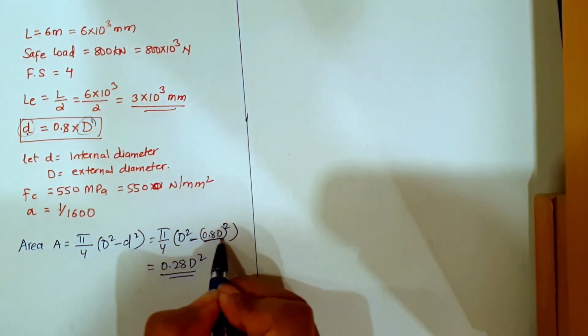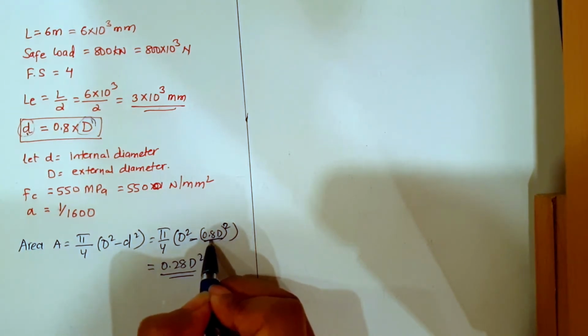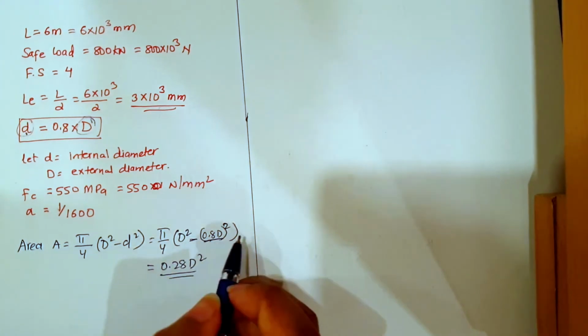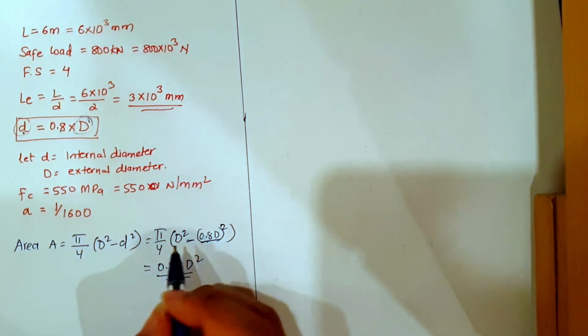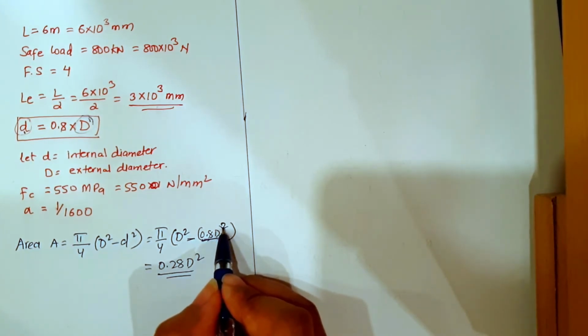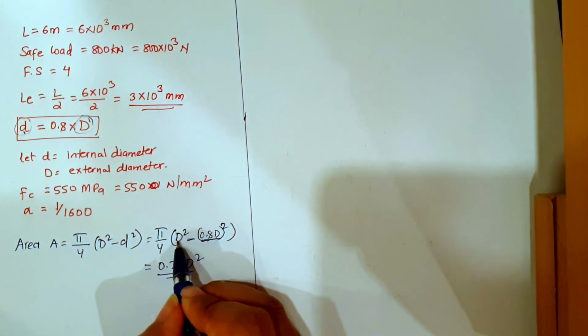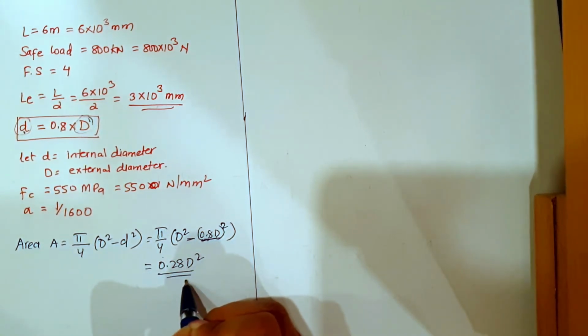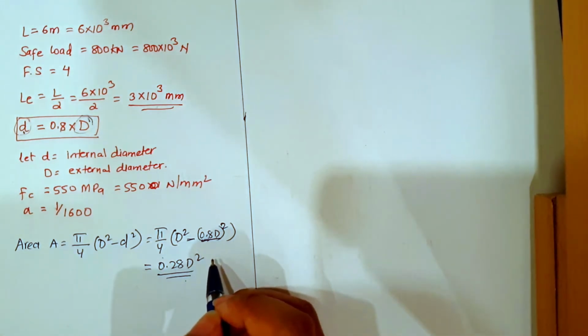First solve this portion, then subtract and multiply, and you will get exactly 0.28 D square.